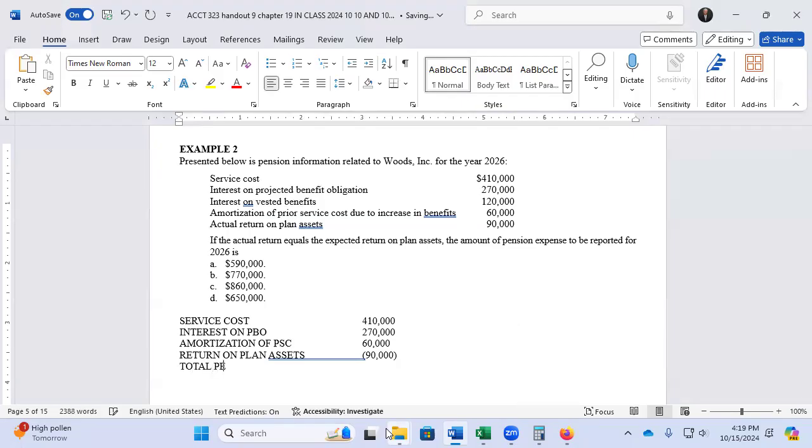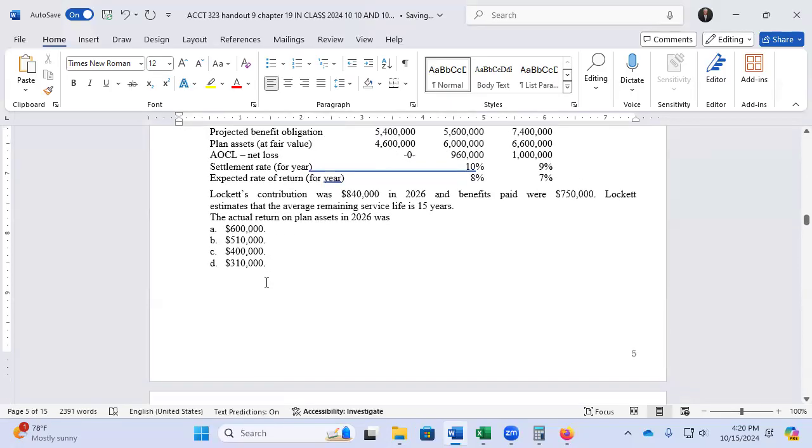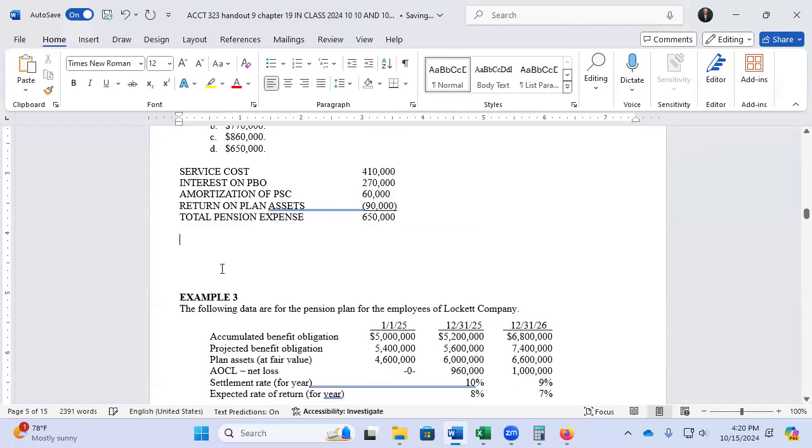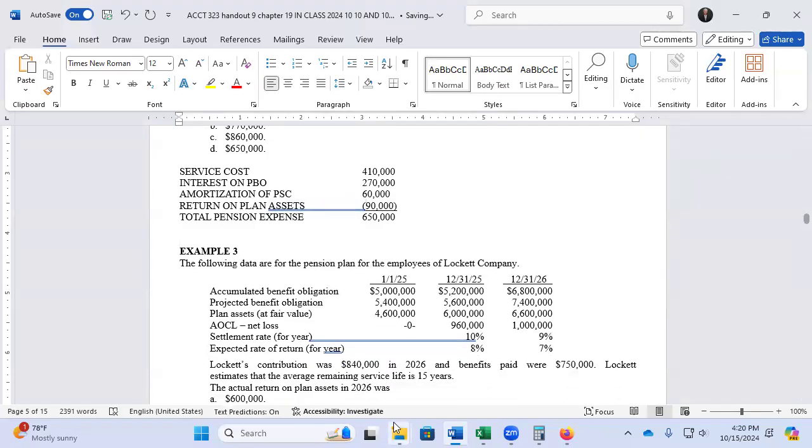And so our total pension expense is $650,000. Any questions? Okay, I'll let you get that down before we jump to example 3.